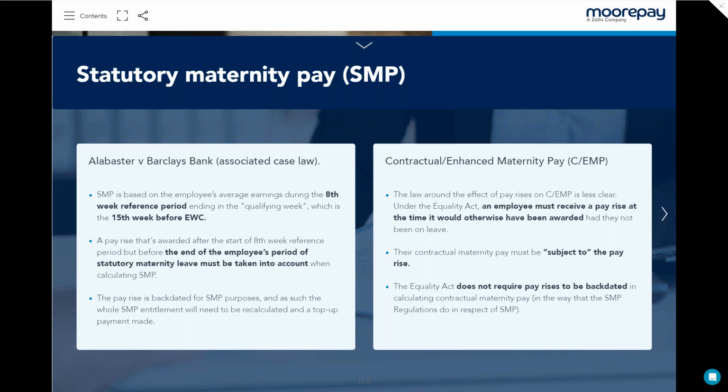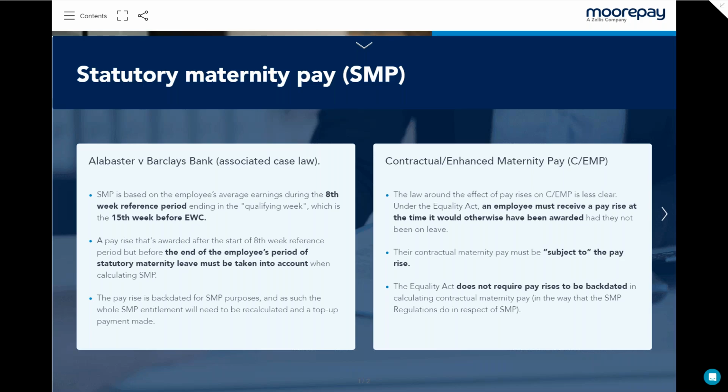But for the majority of employees, it will only affect the 6 weeks of the 90% pay. It should also be applied to the 2 weeks compulsory leave, or 4 weeks if it's not the 6 weeks at 90%. So it's a bit of a tricky calculation.